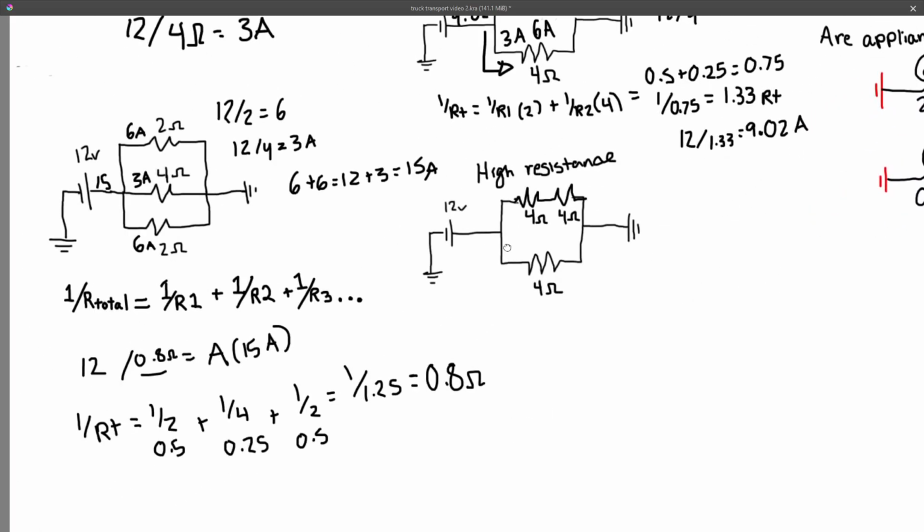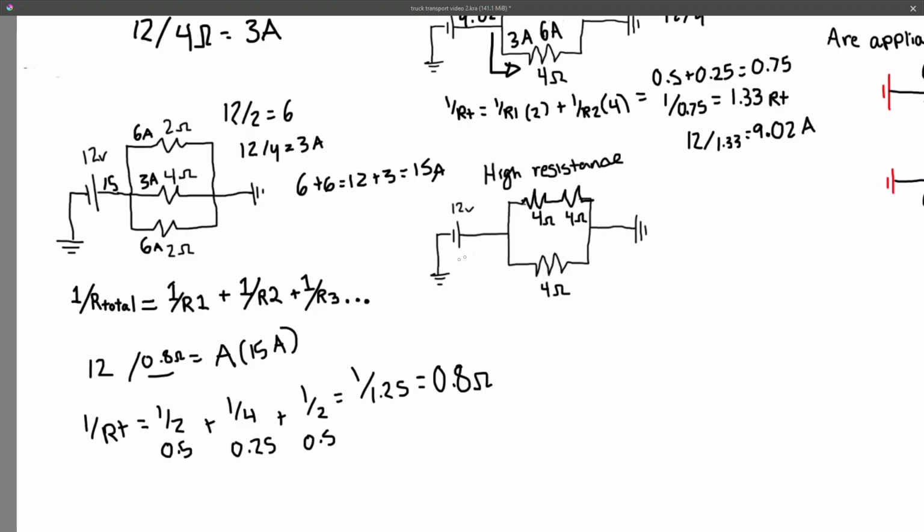Now let's look at this example of high resistance. Do you remember what we do when we have multiple resistors in series? We add them together. So in this circuit, we have our 12-volt battery, and it's supplying an 8 ohm resistor and a 4 ohm resistor.